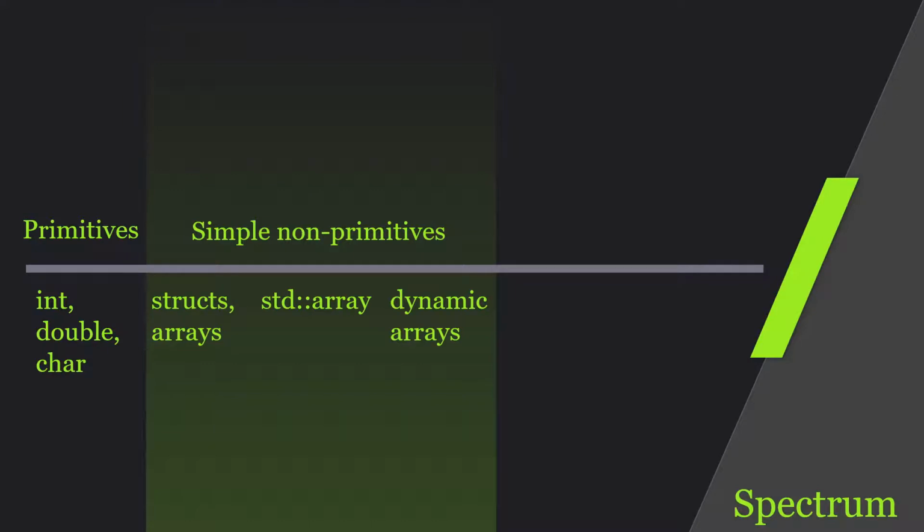And then finally, we would have our complex non-primitives, and those would be things like your C++ vectors and other ADTs that you create. Now, this is a spectrum, meaning that these are ranges, and so it's not like there's a fixed location, but it does help to think of the data structures on this. So if I'm doing a simple program where all I know is I'm dealing with three integers, maybe I'm bringing in three integers, I'm going to do some math, and I'm going to display the result of that math.